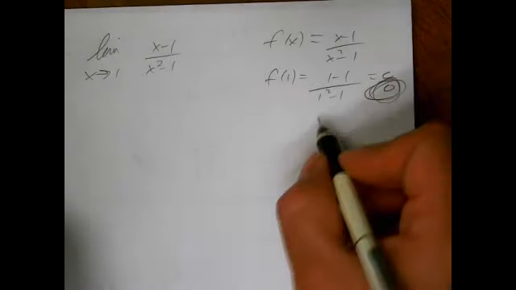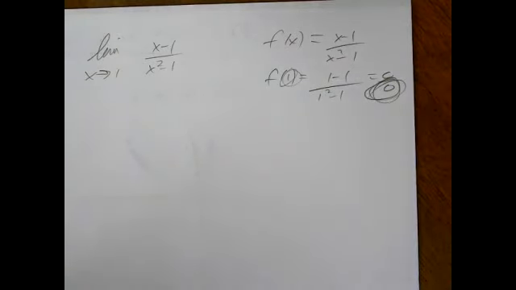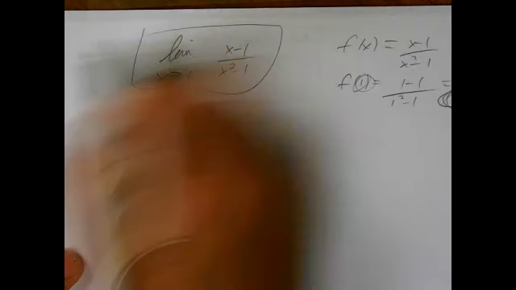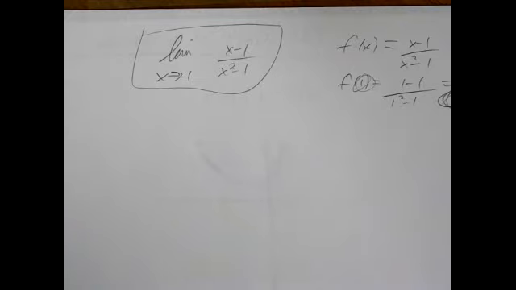So the function actually doesn't exist at the x value of 1, which is why I was so emphatic about the fact that the one thing we don't really care about is what the function equals at that x value, because here's an example of a function that doesn't even exist at that x value. But even though the function may not exist at a particular x value, the limit very well can.